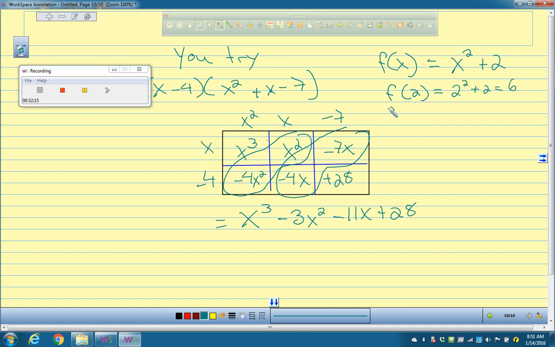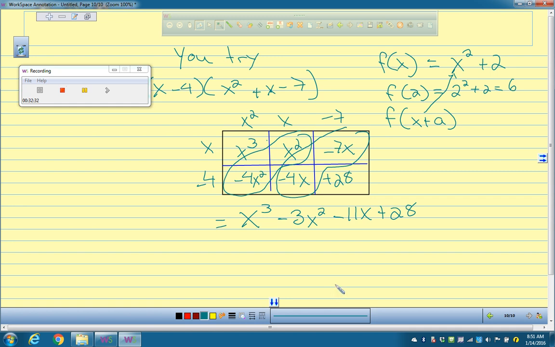Now you're going to see something that looks like this. F of x plus a. Okay? So what that means is you're going to be taking x plus a and plugging it in everywhere you see an x.